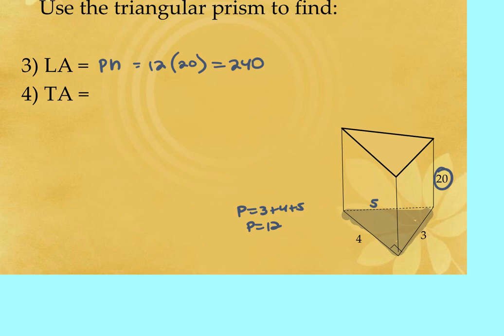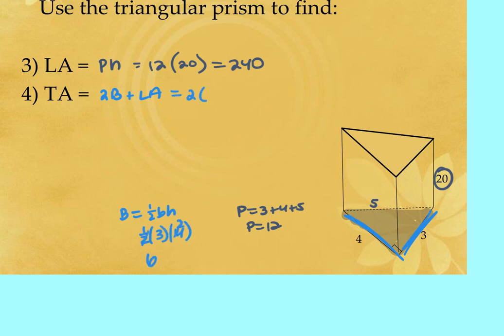And then the total area, 2 times the base area plus that lateral area. The base area, it's a right triangle, so it's 1/2 base times height. The base could be the 3, the height could be 4, or the other way around, but it would be those two side lengths. And I get 6.